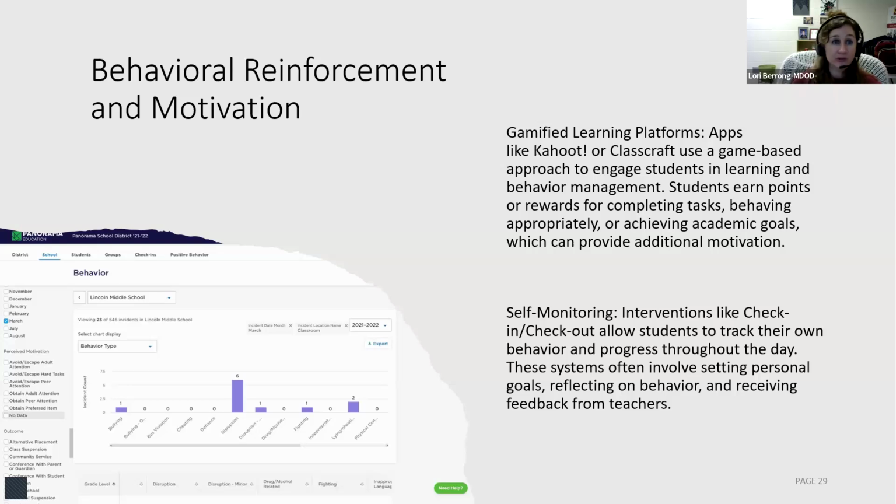Some schools use school-wide reinforcement where students earn points in classes for participation, for good behavior, and then they can turn those points in for school gear. Sometimes teachers will use it on a more micro level. So that's another option as well.